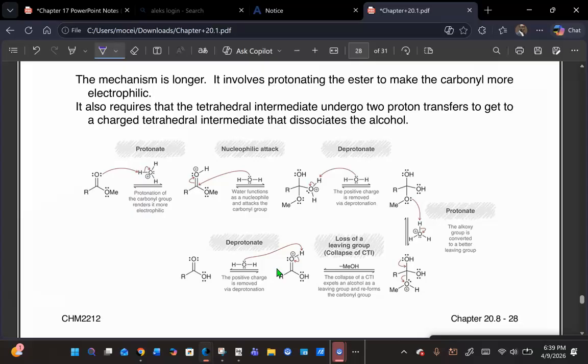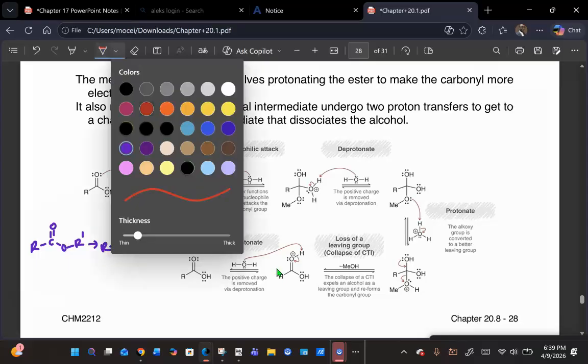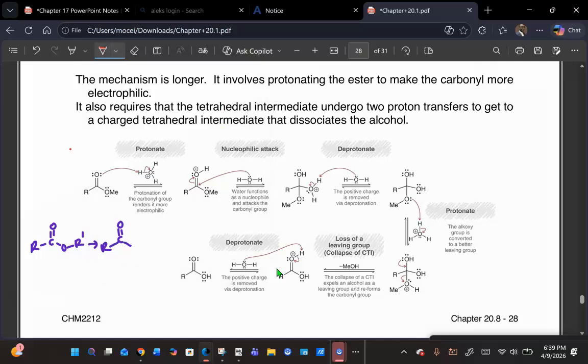Okay, so we are breaking the ester apart. So generally, this is what you're doing. And it's acid catalyzed. Remember what I told you. It's PADPED.